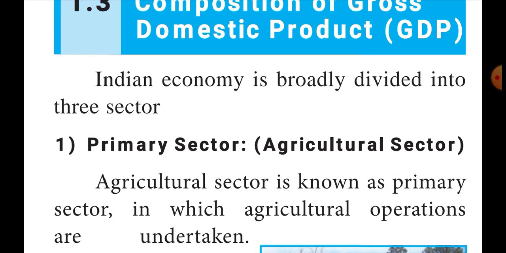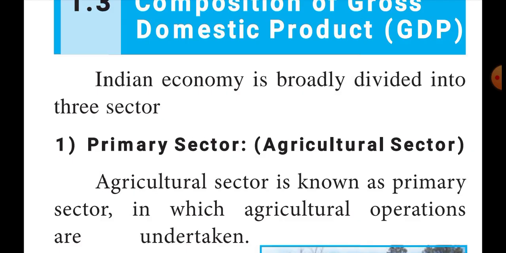The first one is primary sector. Primary sector is otherwise called agricultural sector. Agriculture and its allied activities are included in primary sector. Can you understand, students?